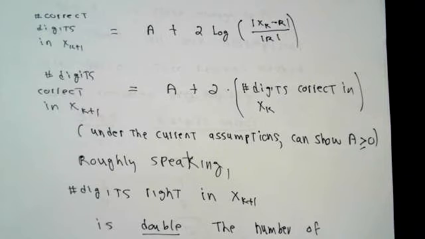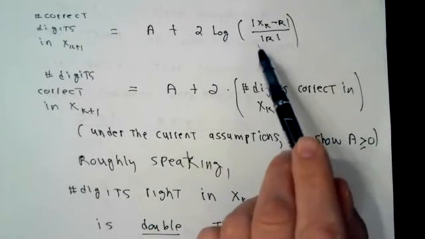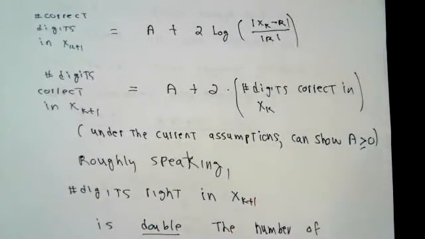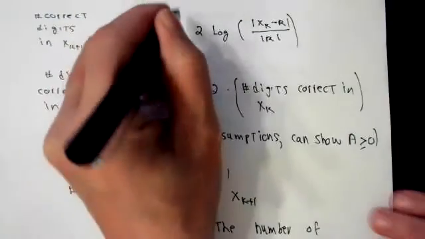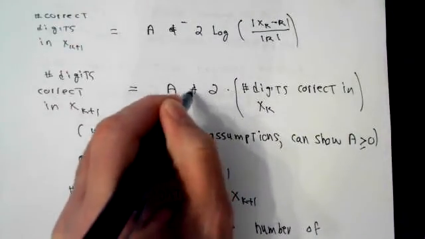The logarithm of a quantity squared is 2 times the logarithm of the quantity, and I did lose a minus sign there that I had before.